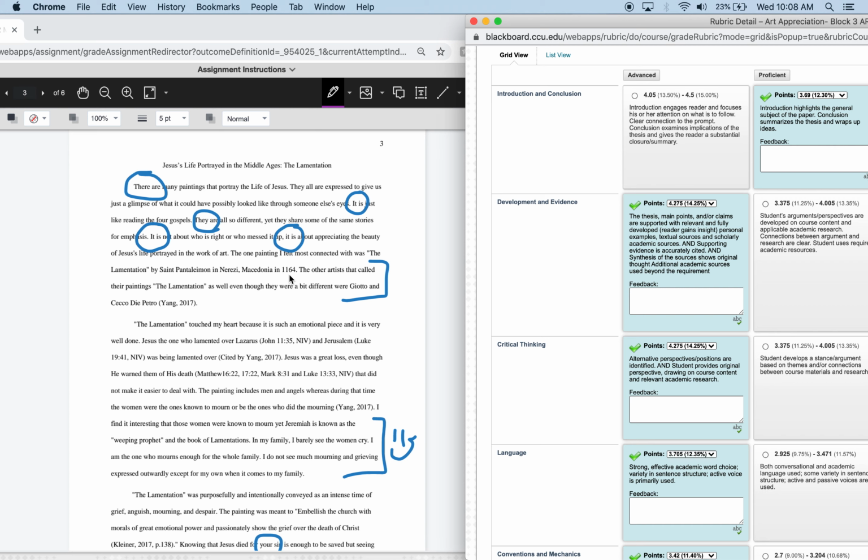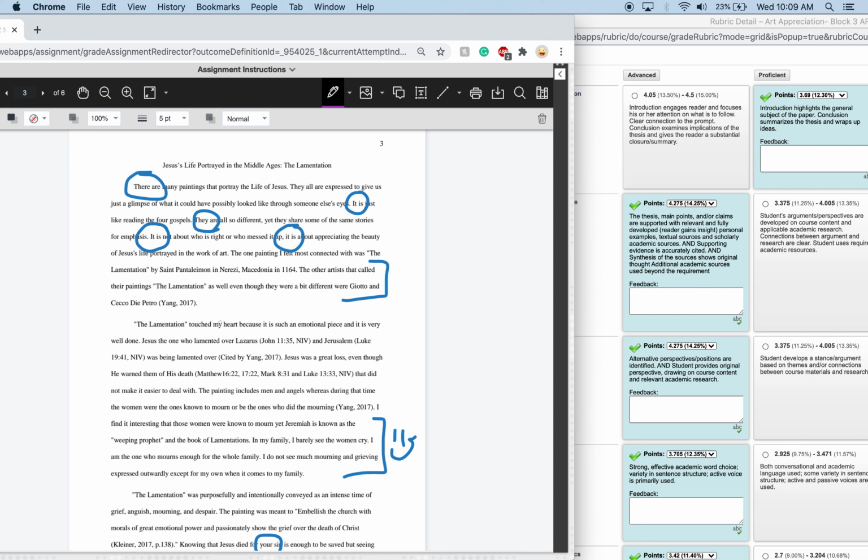If she would have not put an ending there and said, even though other artists also called their paintings Lamentation, I'm most connected to, I have no idea how to say his name, Giotto, and so, Petro, because, and she doesn't quite finish it. She makes me fill in the blank.